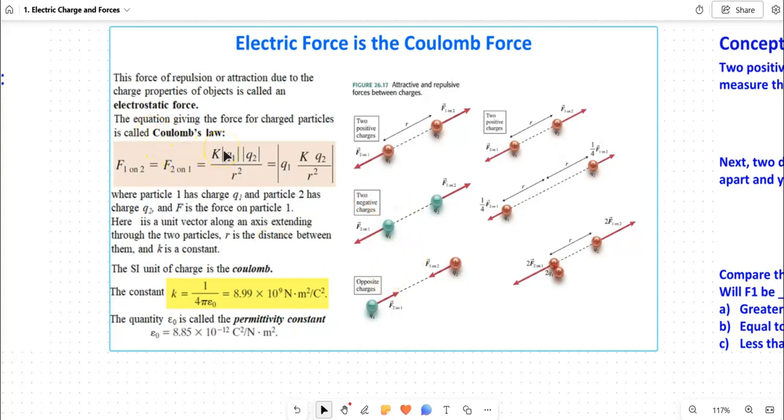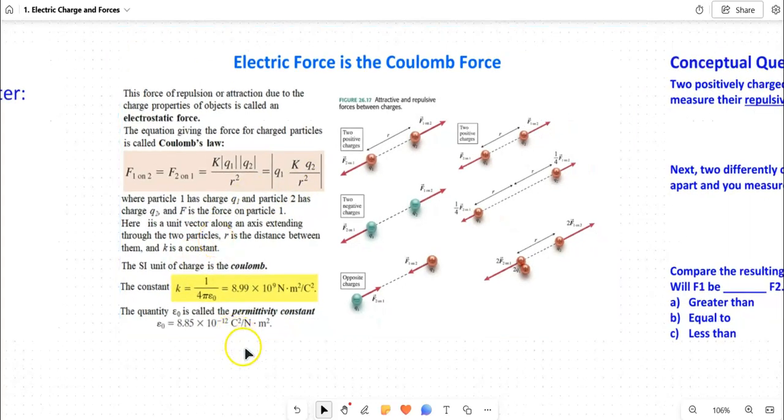The repulsive force that we're talking about here, we're going to write it as k q1 q2 all over the distance apart squared. We'll get into what all of that means, but let's start off with k. K in the front is written as uppercase or lowercase.